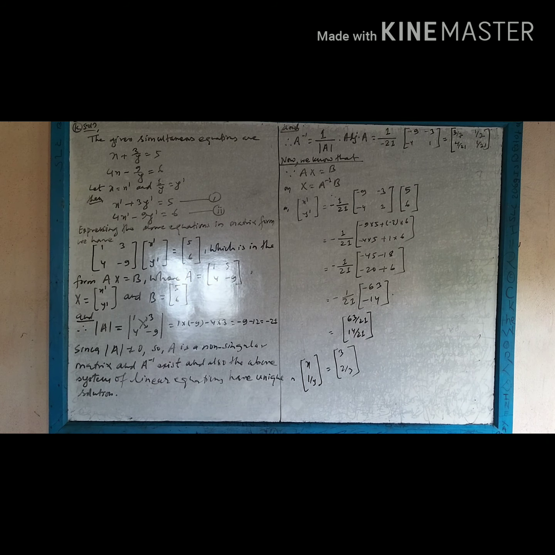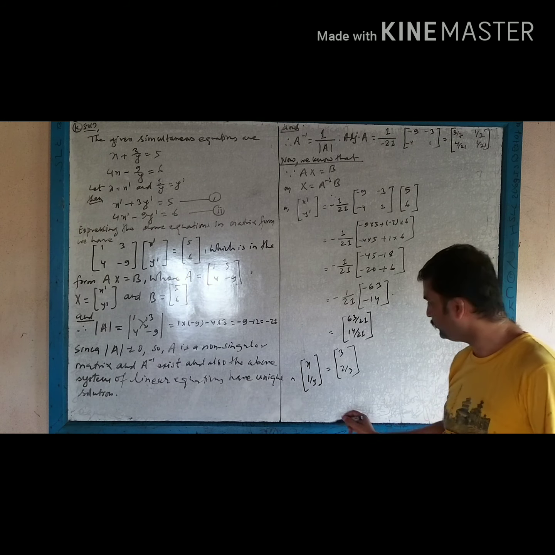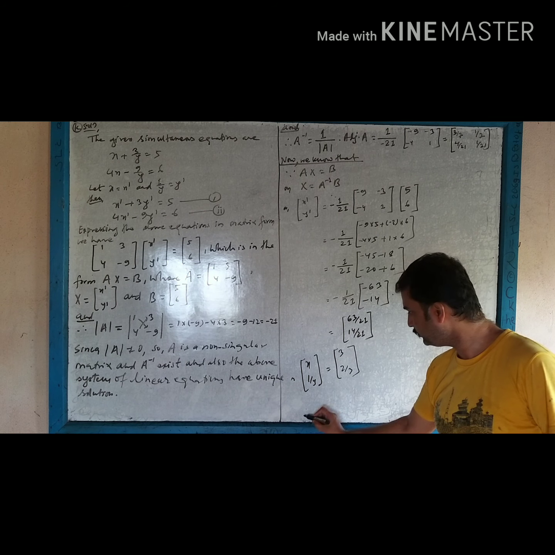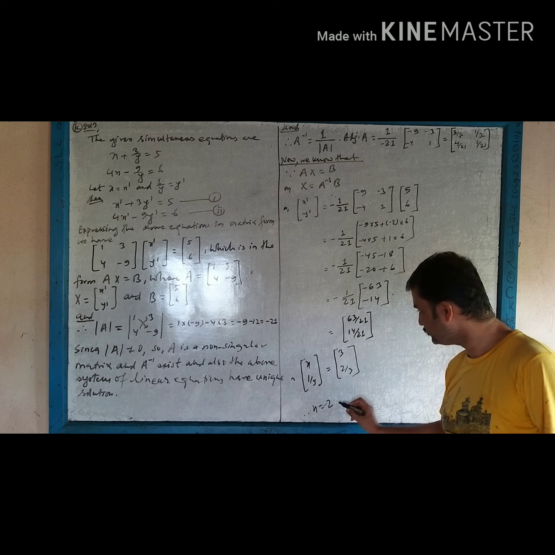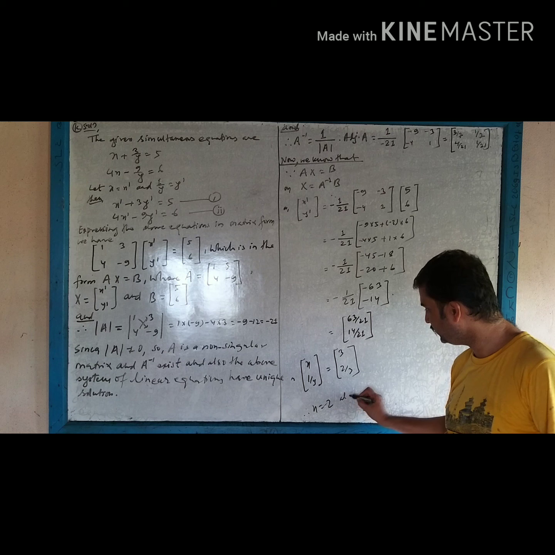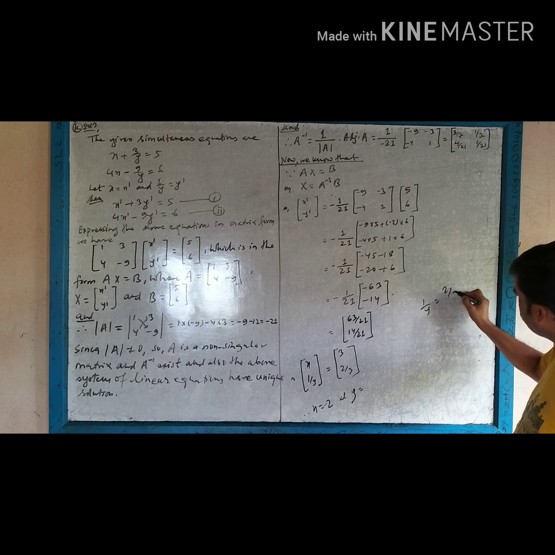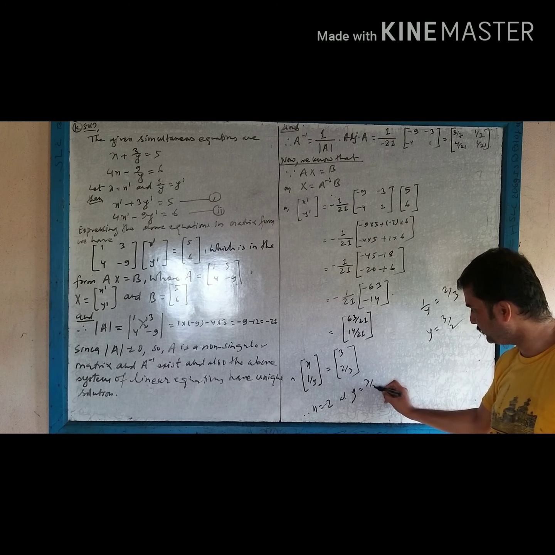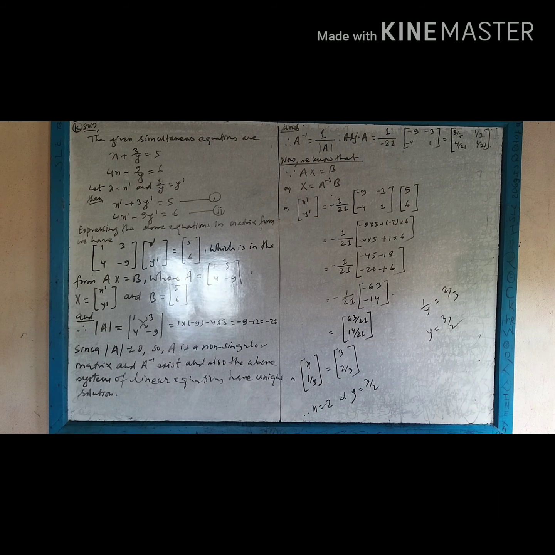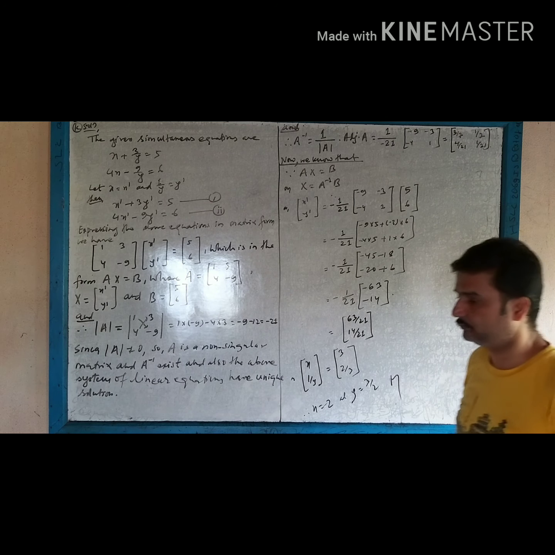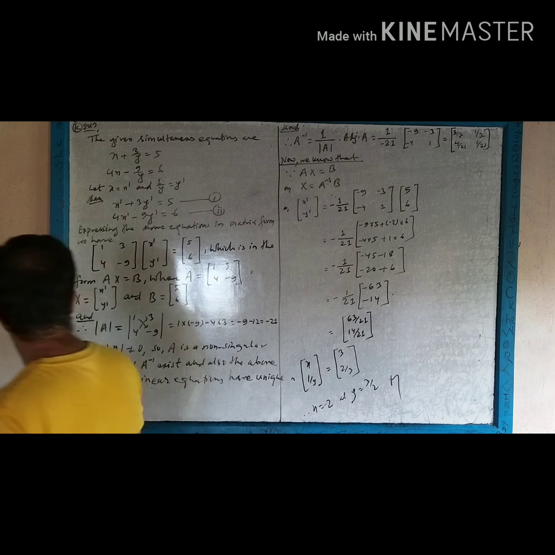So by equating both sides you get, therefore, the value of x is 3 and the value of 1 by y equals 2 by 3. So y will be equal to 3 by 2. So the value of y is 3 by 2. This is your answer.